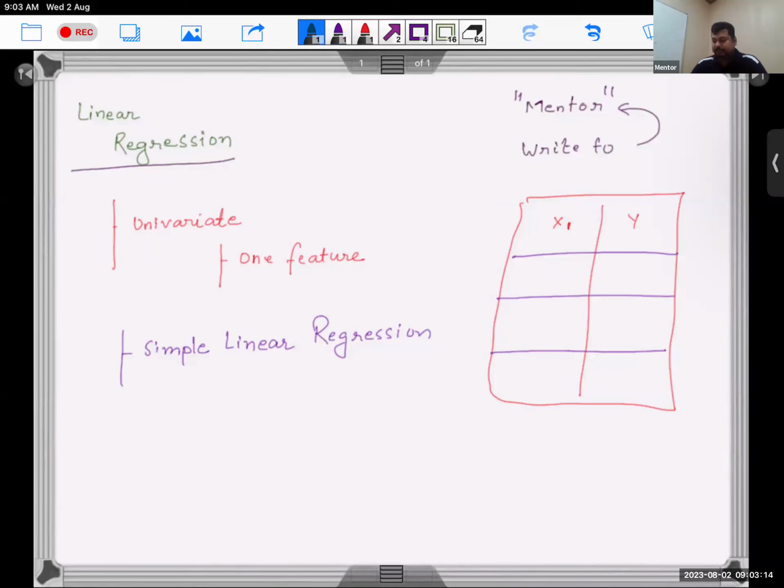Let's say my output is continuous since I'm doing regression, and the input feature is a real, a continuous feature. The output you can think of as anything.